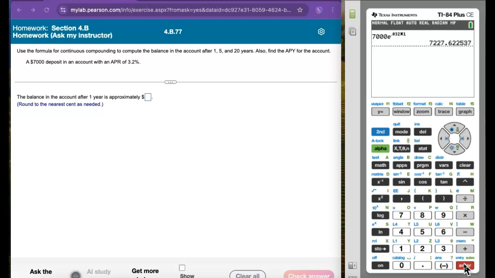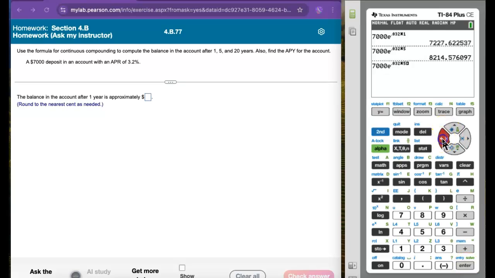We want to do the same thing for 5 years and 20 years. Now, we could type it all back in like this, 7,000 times E, second ln, 0.032 times 5. That's for 5 years. Or we could just re-enter the last thing that we just had. To do that, notice that it says entry up here in blue. So I'm going to do second enter.